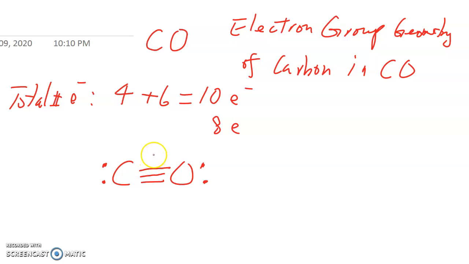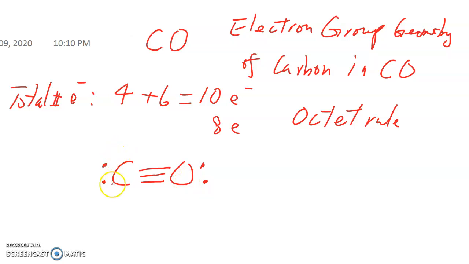Okay. The next thing is I would like to check if they satisfy the octet rule. So the next step is the octet rule. I'm checking with the carbon. I have 1, 2, 3, 4, 5, 6, 7, 8. So carbon is good. Oxygen, I have 1, 2, 3, 4, 5, 6, 7, 8.